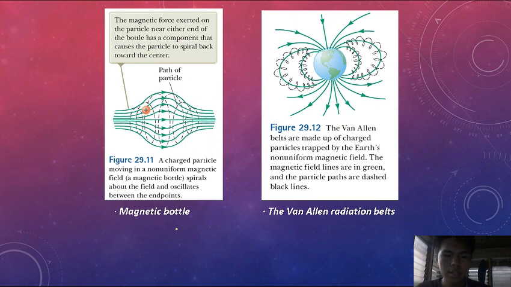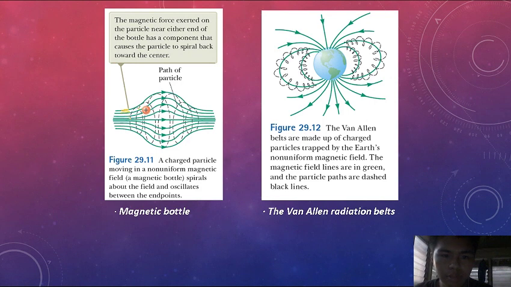So ito naman, we have a figure 29.11, which is magnetic bottle. So we can see that a magnetic force exerted on a particle near the end of the bottle has a component that causes the particle to spiral back toward the center.